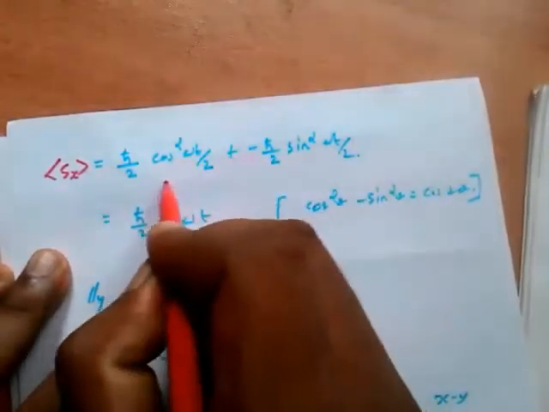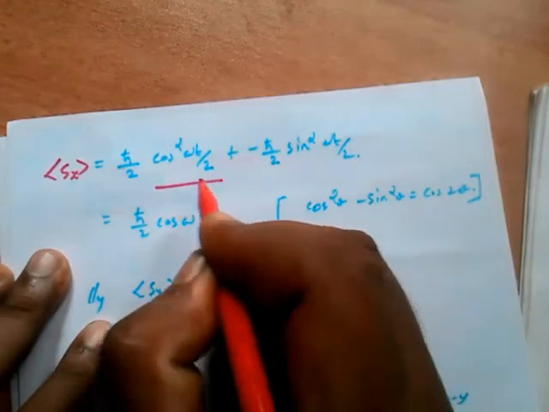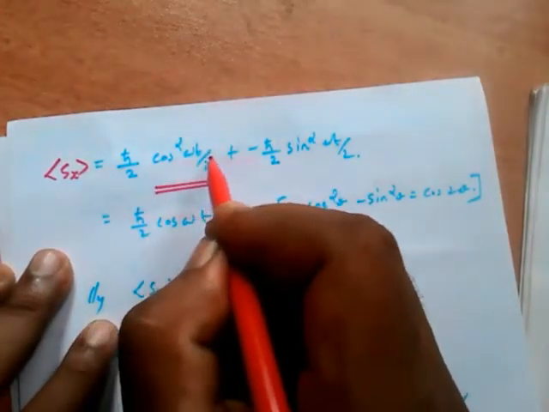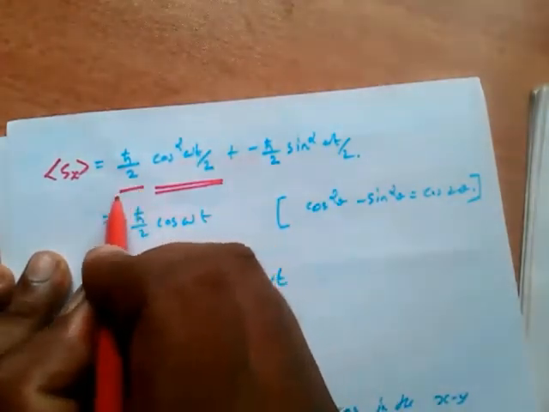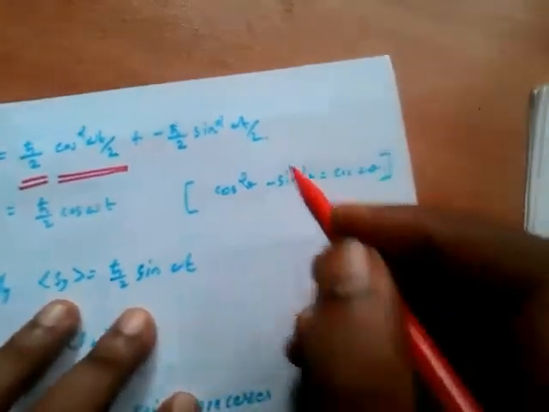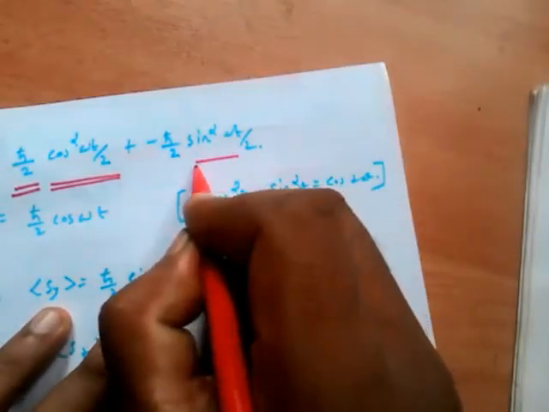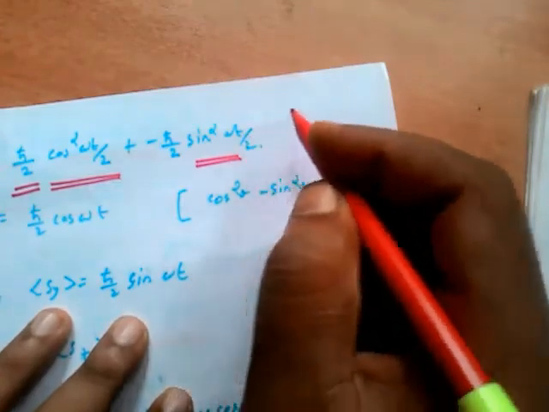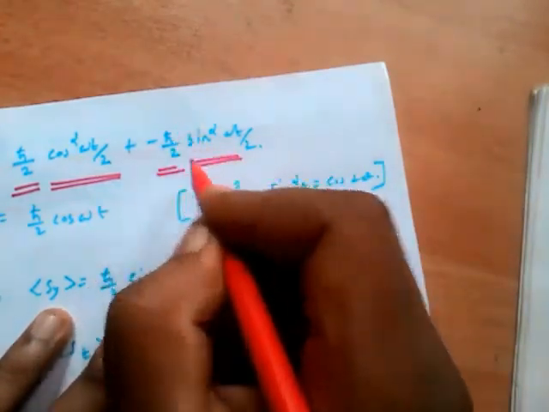The probability of finding the particle in the Sx plus state is cos square omega t over 2, and the eigenvalue is h cross over 2. The probability of finding the particle in the Sx minus state is sin square omega t over 2, and the eigenvalue is minus h cross over 2.